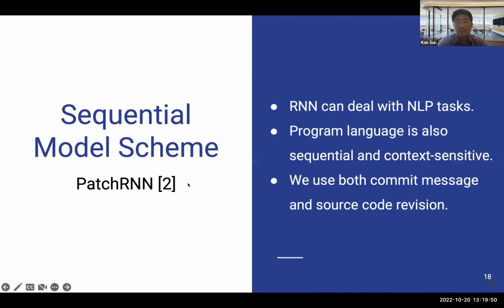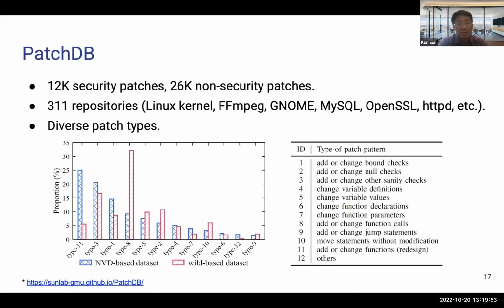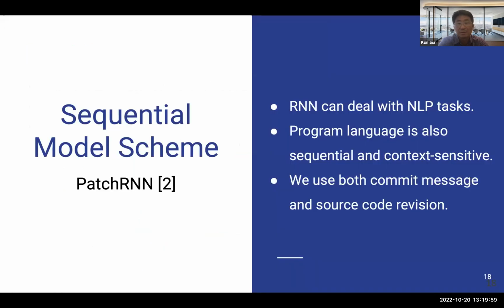So now after we got this large data size, we can use deep learning. This is a powerful deep learning technique to help us identify security patches. The first attempt is using an RNN, which can deal with natural language processing tasks very well.